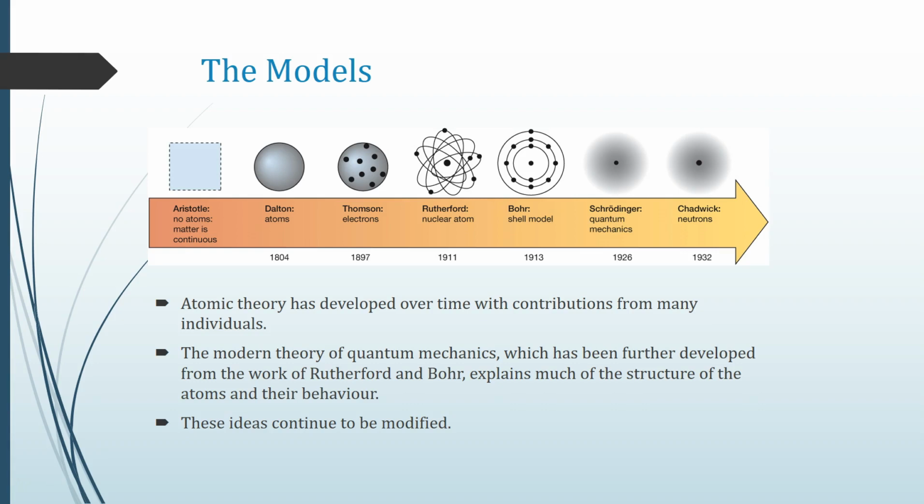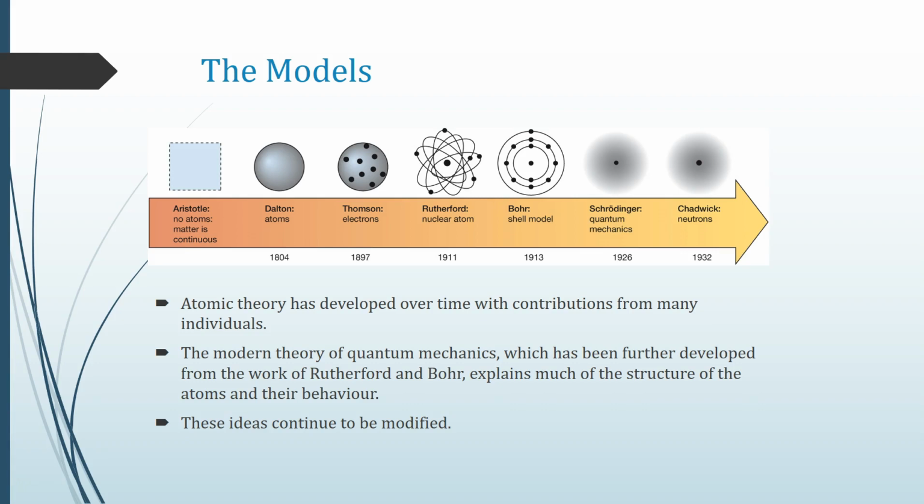They're never really fixed; they change with changing evidence and changing understanding. So as new knowledge comes about, we need to adjust the previous paradigm to account for that. The atomic model is no different.